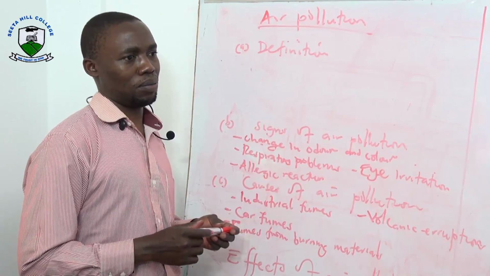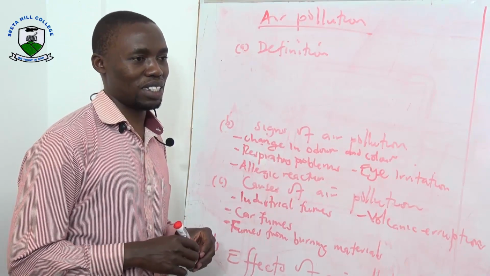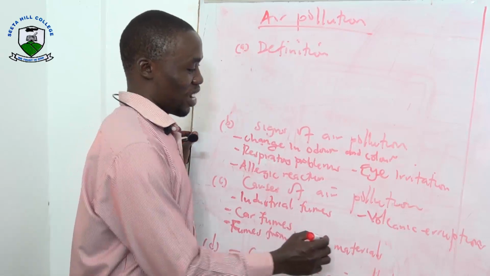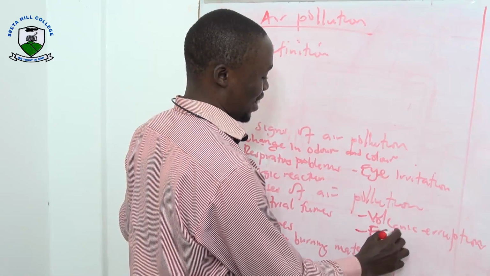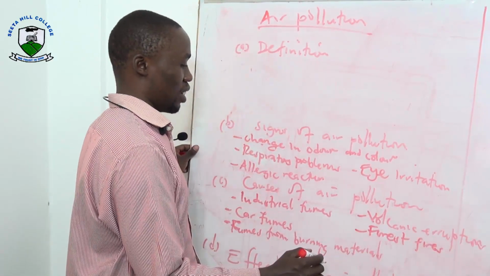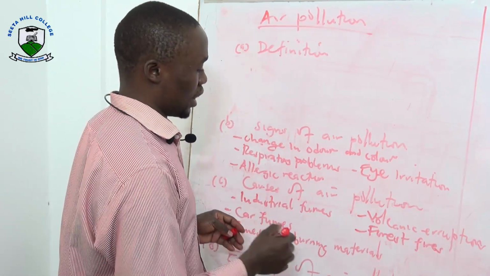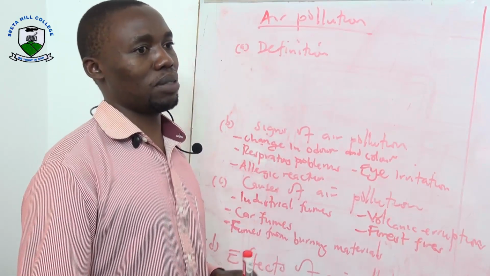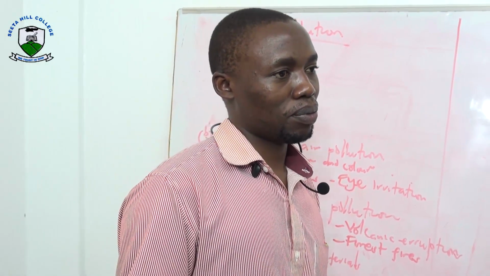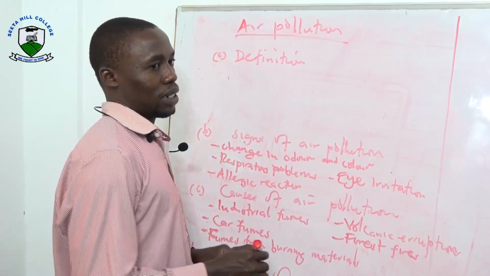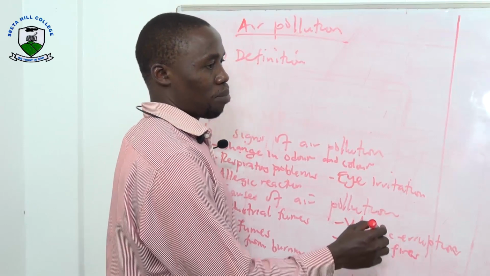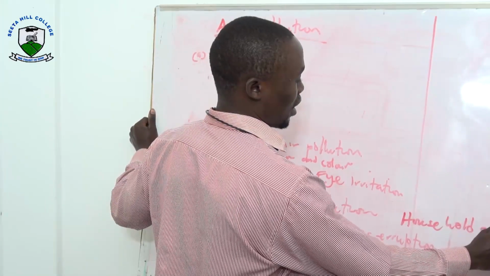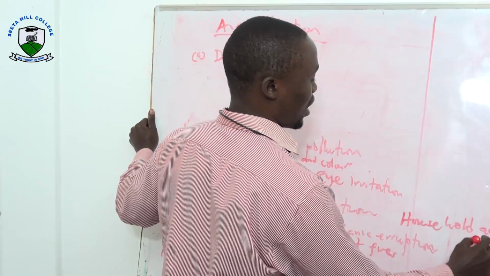That's scientific. Forest fires. What about if something is rotting, does it emit bad gases? Because now in a place you feel some smell. Could we call it household activities like rotting rubbish, like the garbage pit? Household activities. These are caused by man also. Like rotting rubbish. What else?